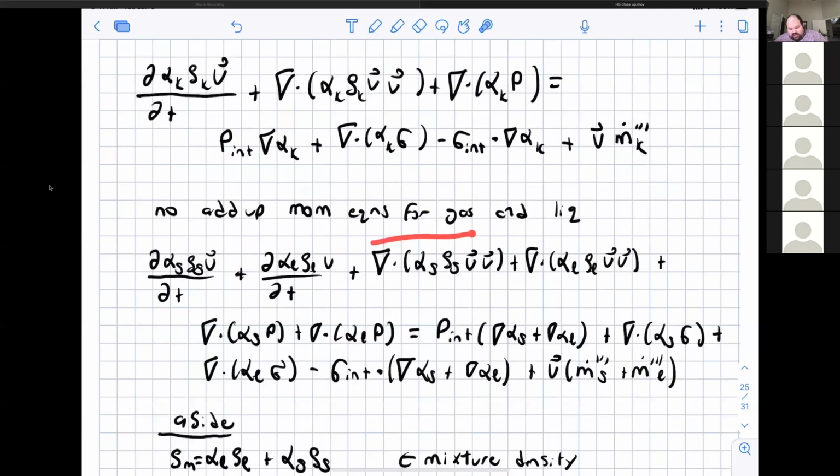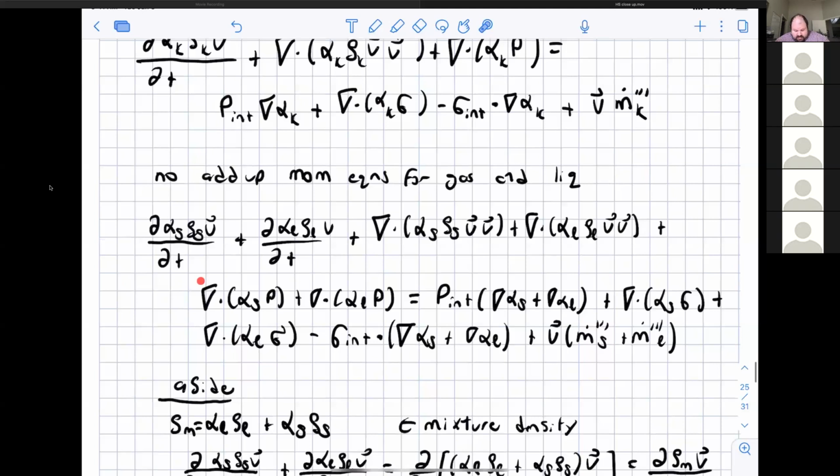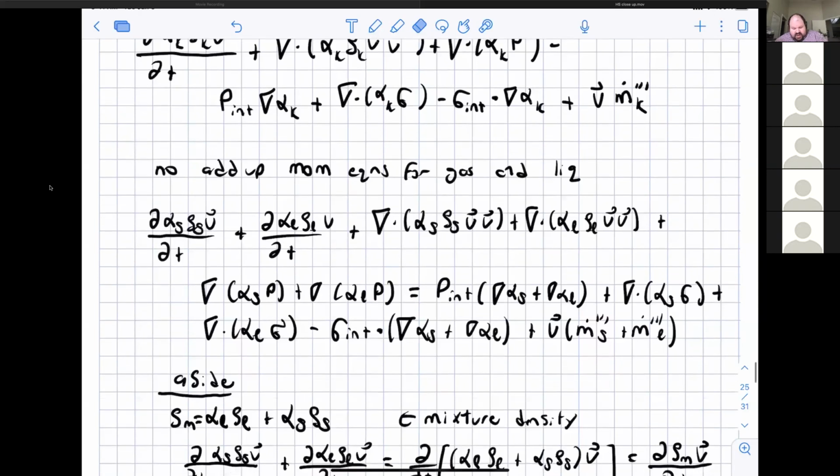Okay, and so then you wind up with these terms here. You have the divergence of alpha_g rho_g times v squared, plus the divergence of alpha_l rho_l times v squared, plus, actually this should not be divergence, that should be gradient. And we have the gradient of alpha_g times p plus the gradient of alpha_l times p.